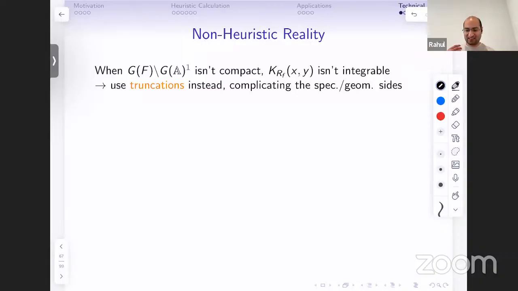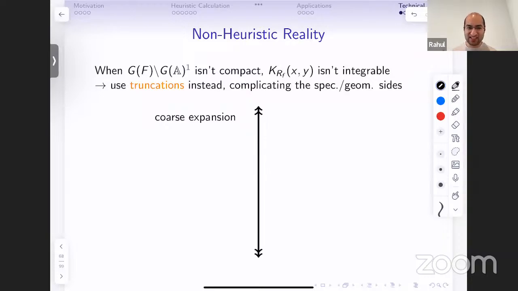This gives you a whole zoo of various versions of the trace formula. I like to think of this zoo as lying along a spectrum. There's a coarse expansion, a fine expansion, an invariant trace formula, a stable trace formula.